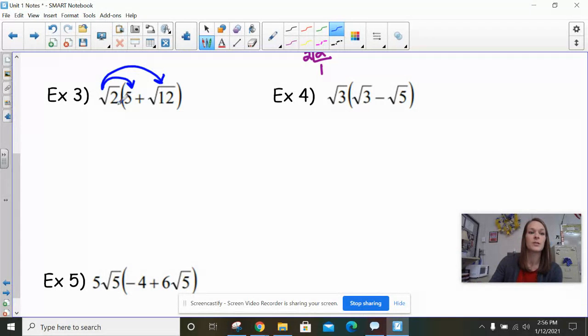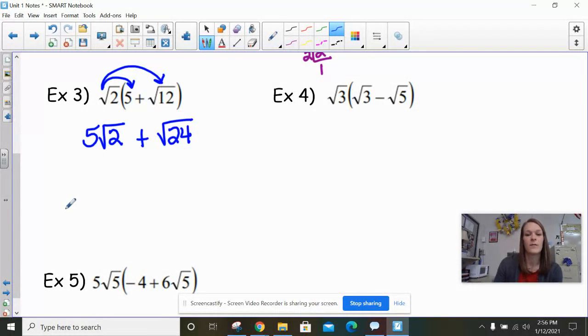So all I'm going to do is bring them down, and I'm going to put that 5 in front of the 2. So when I multiply square root of 2 times 5, I just get 5 square root 2. And bring down my plus sign. Now the 12 and the 2 both have a radical, so they can be multiplied together.